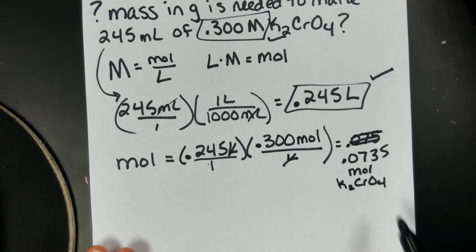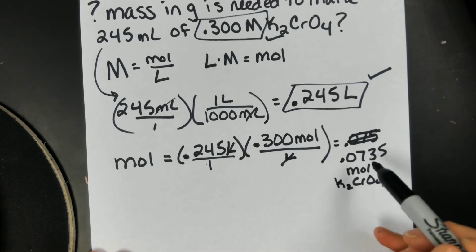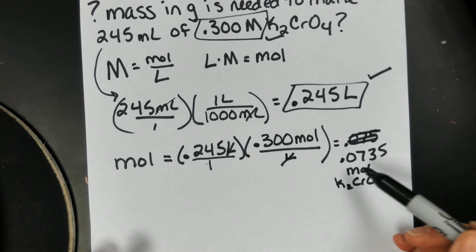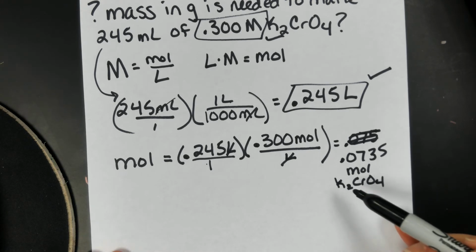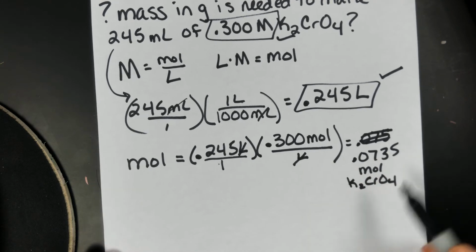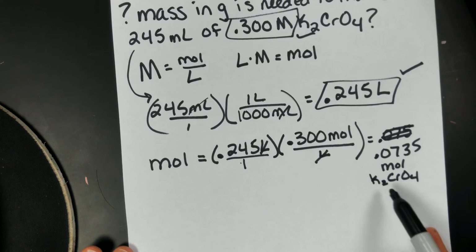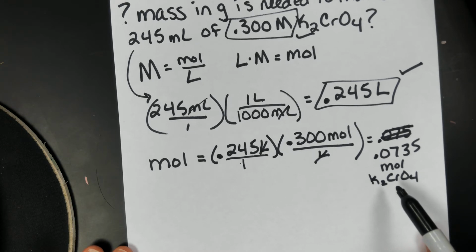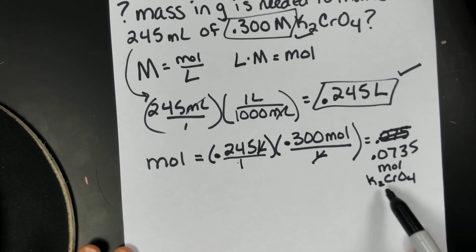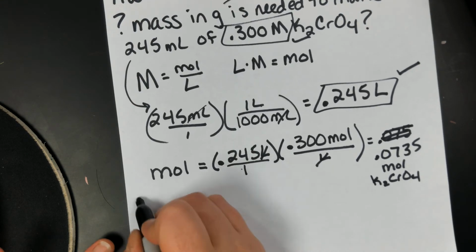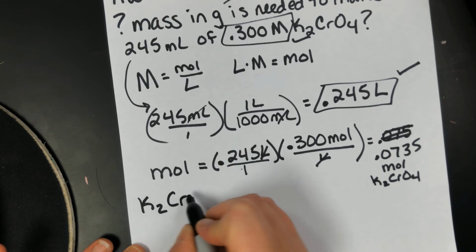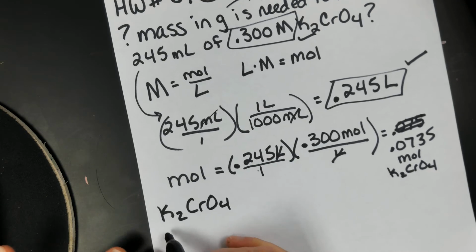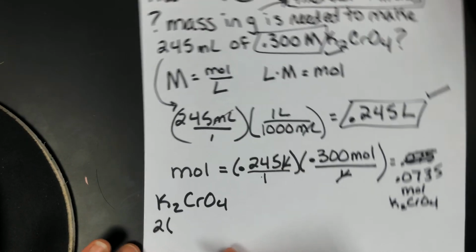What am I thinking? So I need to now turn moles into mass. How can I do that? You need molar mass. So I need to have the molar mass of this, don't I? Which would be in units of grams per mole. And my final unit is grams. That's my goal. So let's find the molar mass of this. For K2CrO4, that's going to be 2 times whatever K weighs.